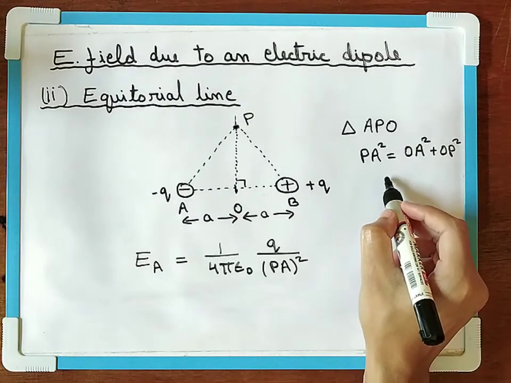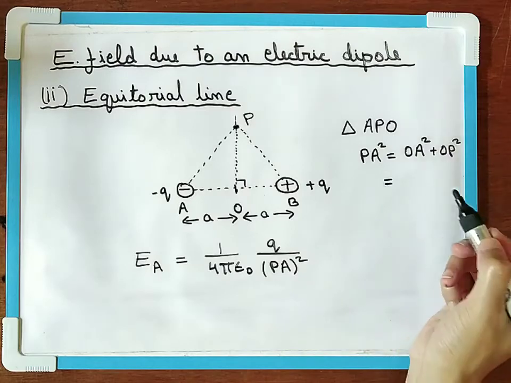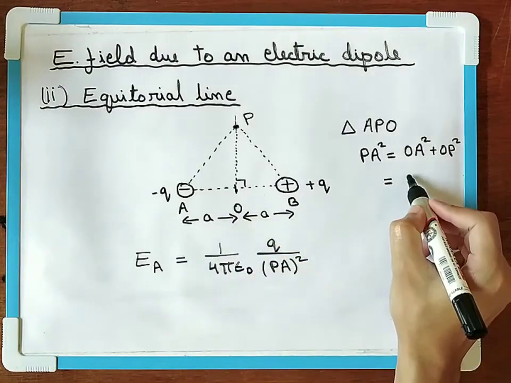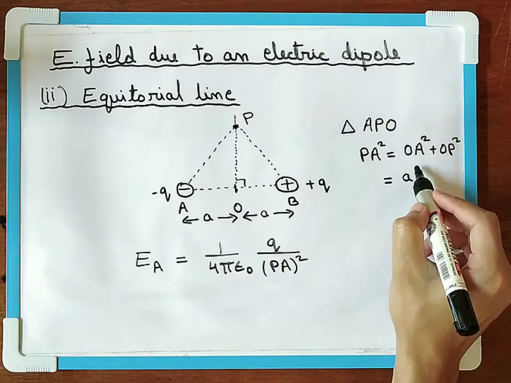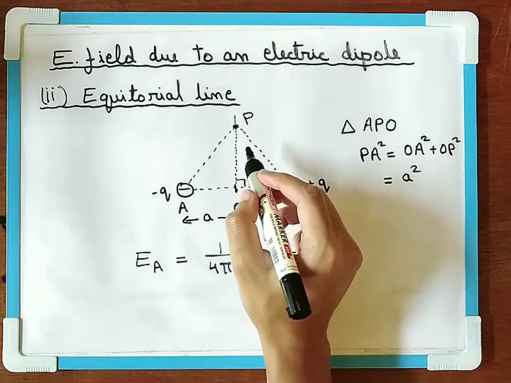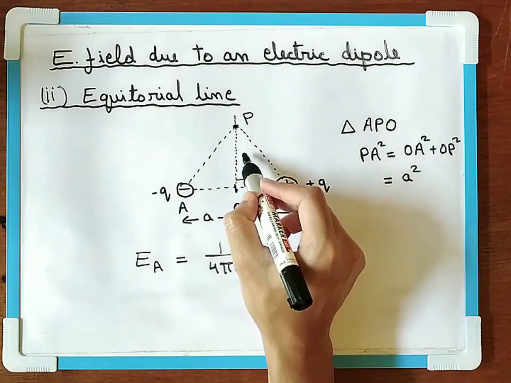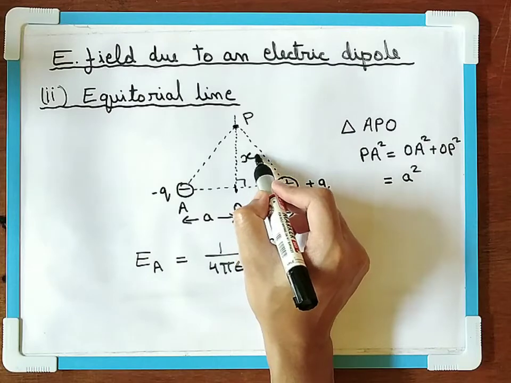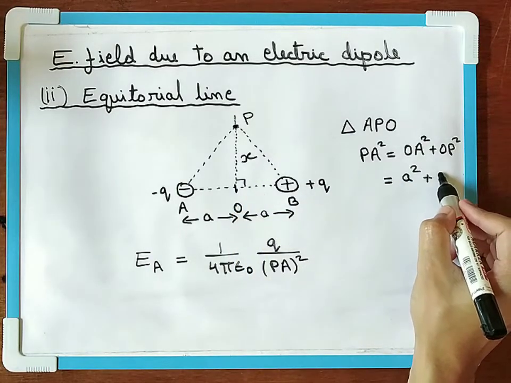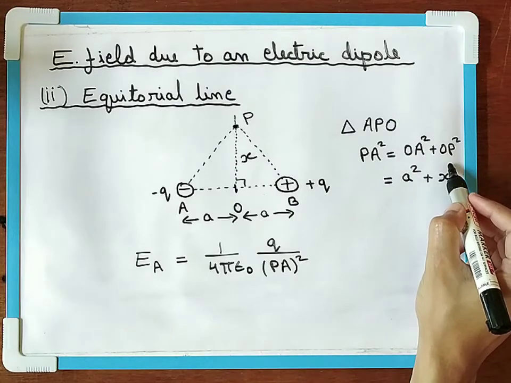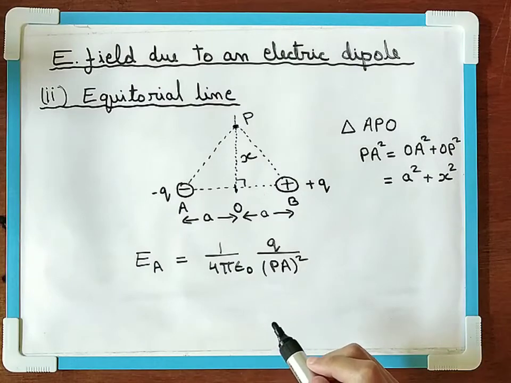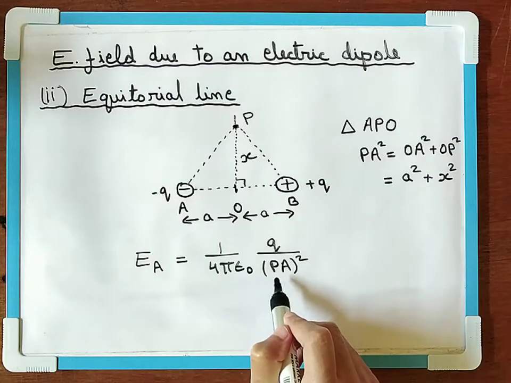So here we have PA square equal to OA square plus OP square, and OA is equal to a. OP is equal to, say, x. So we have PA square is equal to a square plus x square.